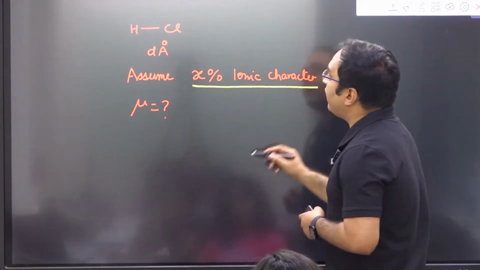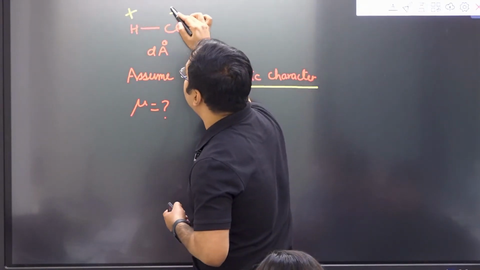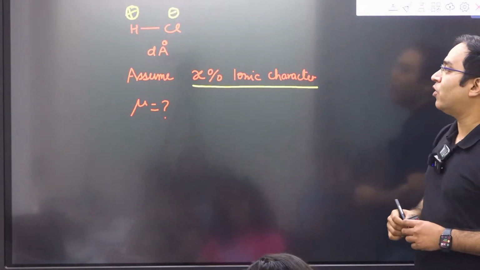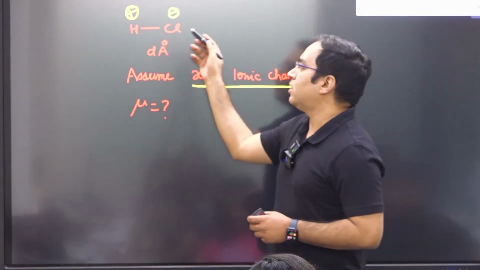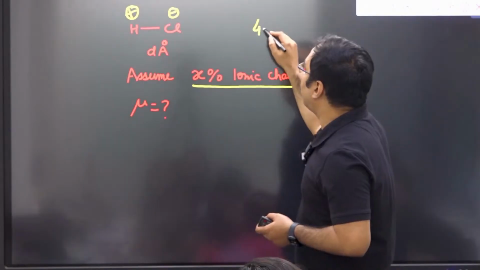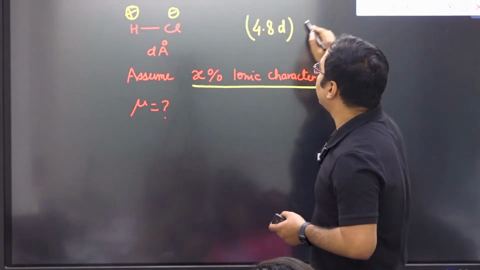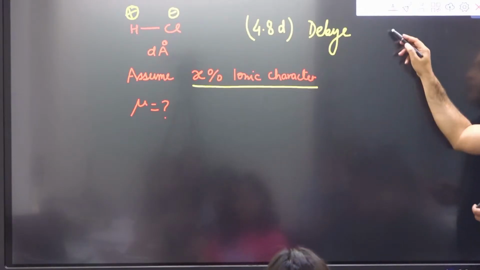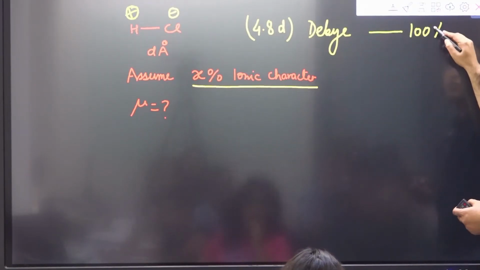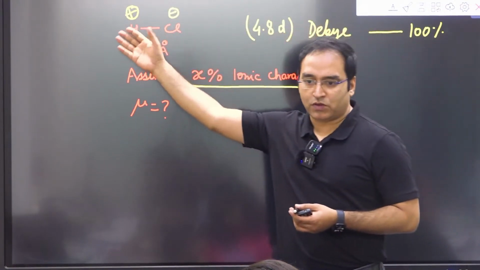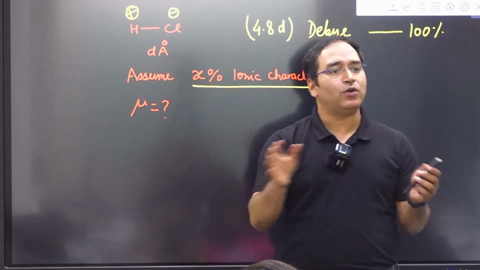So remember, if it is 100% ionic character, this will break as plus and minus completely. If it will break completely plus and minus, what will be your values? Can I say your answer would have been 4.8 into D divided? Say yes or no? For 100%, this would have been the answer because this will break completely. 4.8 into distance.